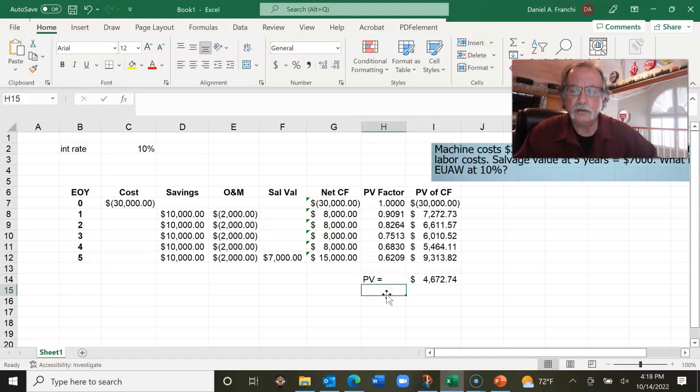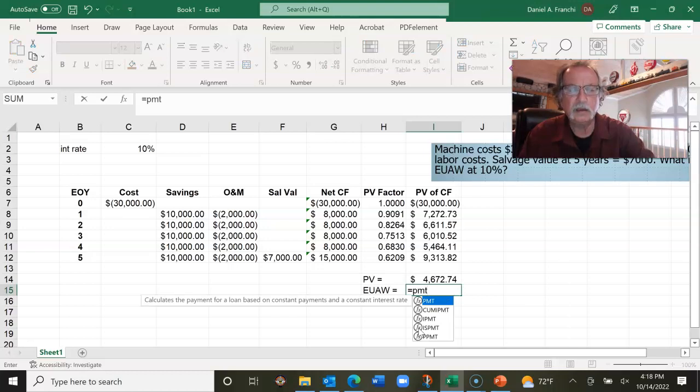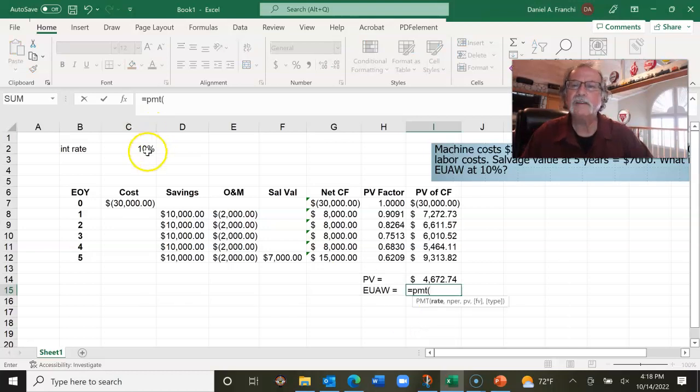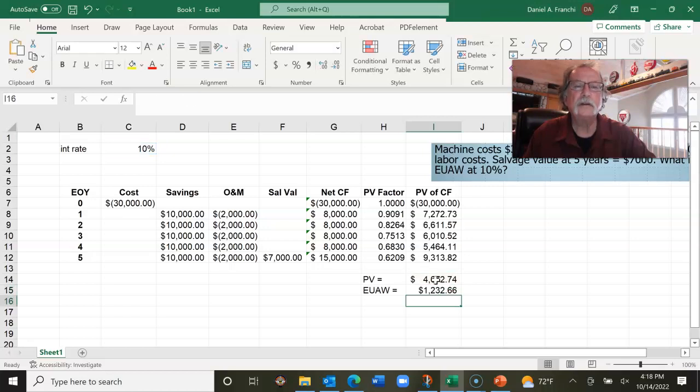The equivalent uniform annual worth is simply annualizing this. You can do that with the payment function. Our rate is 10%, our number of periods is 5, and our present value, where we'll flip the sign, is 4,672.